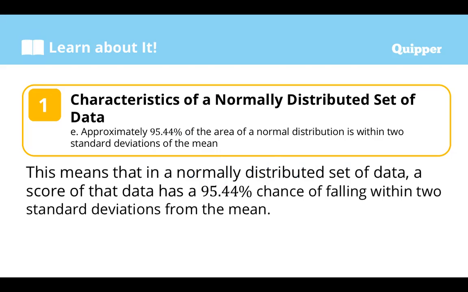Okay? That means is pwedeng doon ma-fall yung score ng ating data. Okay? So meron tayo 95.44% chance of falling yung score na yon within 2 standard deviations from the mean. It's either from the left or from the right. Okay? That's 95.44%.